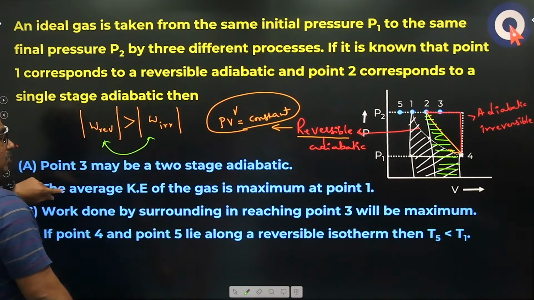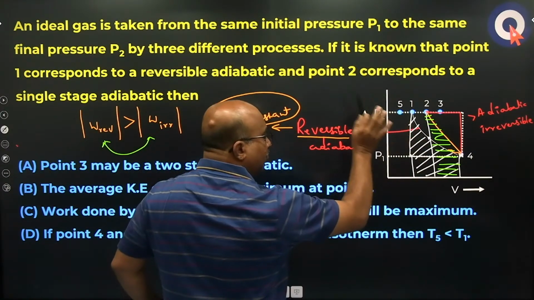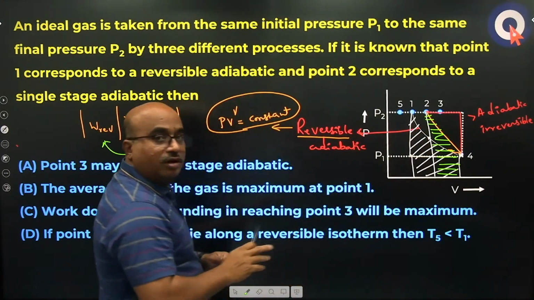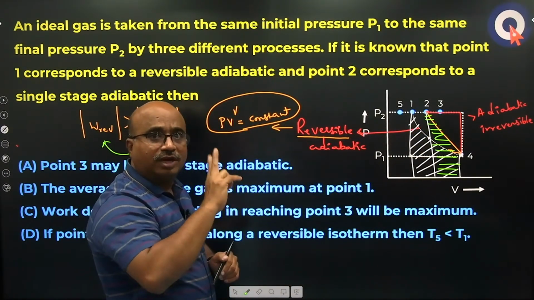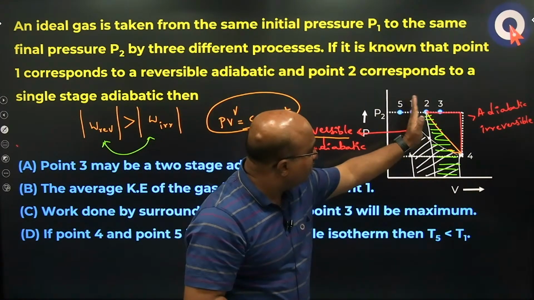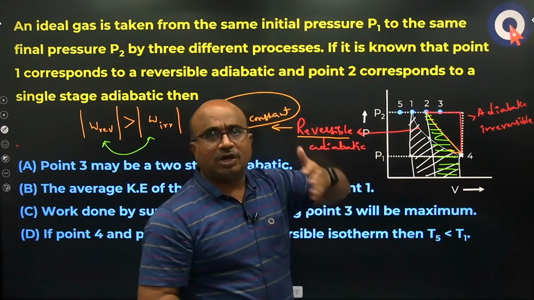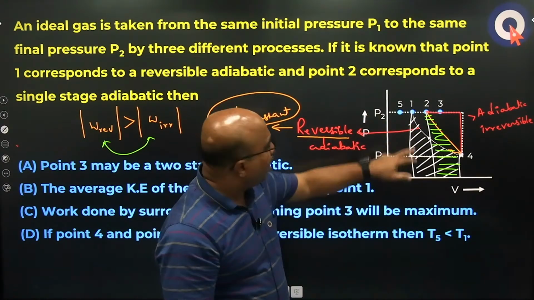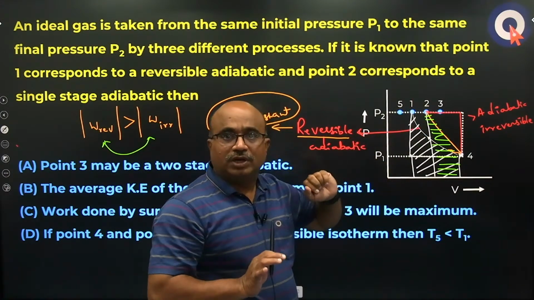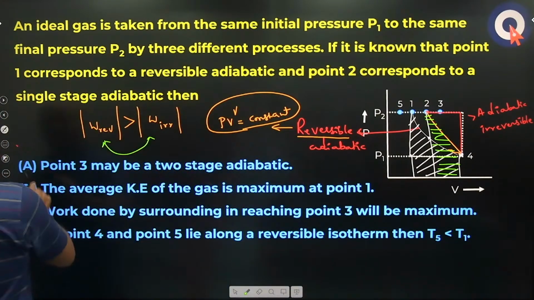So when we consider this is a single step, this is a multiple step, we can't say this 3 can be a 2-stage, because always the work area should lie between this and this. Your point which is done in a 2-stage or a 3-stage or a 4-stage always lies in between 1 and 2. It should lie only between 1 and 2. So this one cannot be correct.